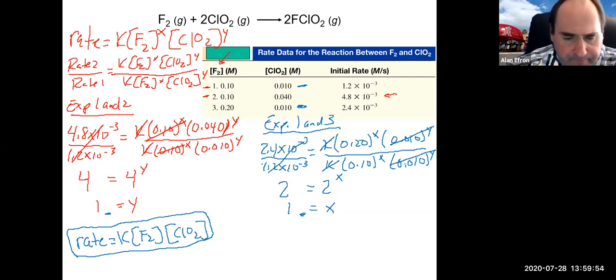And again, the rate law is determined by the proportion that needs to come together to maintain that rate, in terms of how fast or slow that reaction will take place. In terms of the stoichiometry of the reaction, you need a 1 to 2 relationship for the F2 to ClO2 for that reaction to proceed to the products.